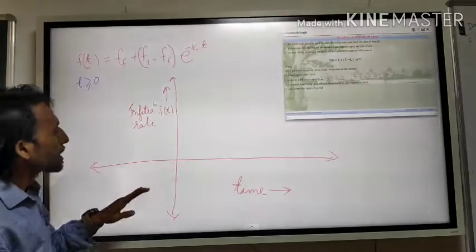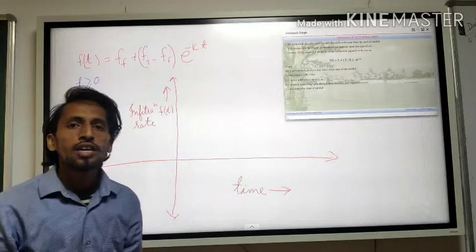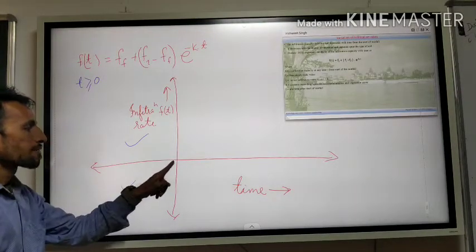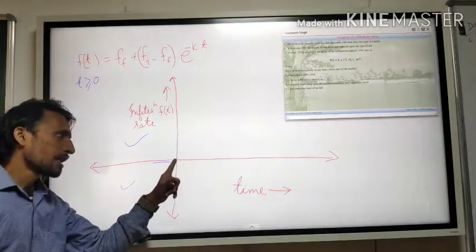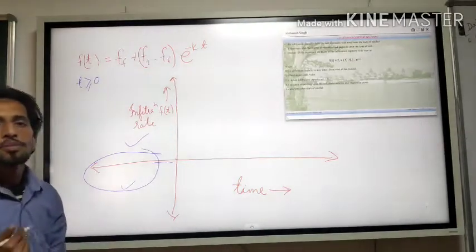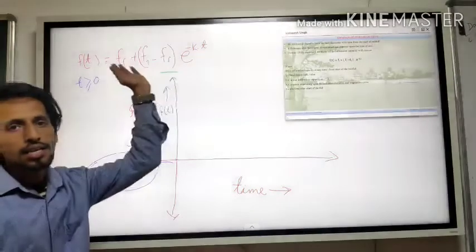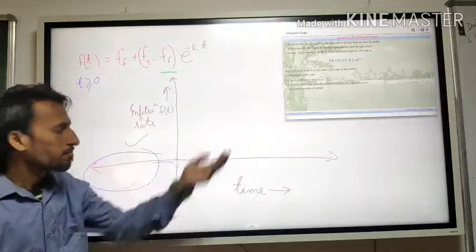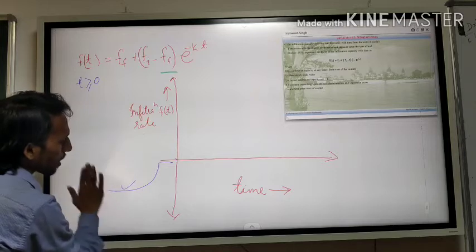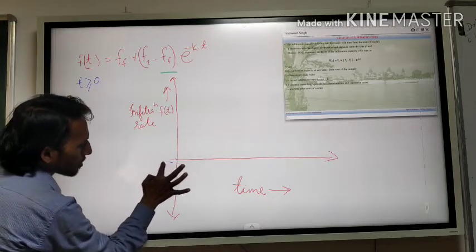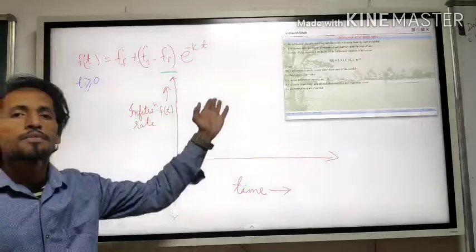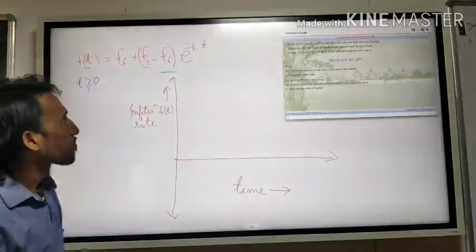So there is no logic of this quadrant and this quadrant, because after the point time t is equal to 0, the curve cannot be drawn. So I will remove this part. We don't require the curve in these quadrants. So it should be on the first quadrant and fourth quadrant.